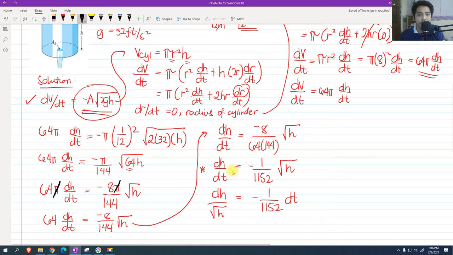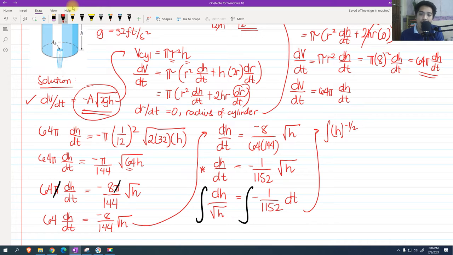If we integrate both sides of the equation, we integrate h raised to negative 1/2 dh. Negative, because I used the exponent rule: I converted the square root into h raised to 1/2, and took the reciprocal, thereby negating its exponent.